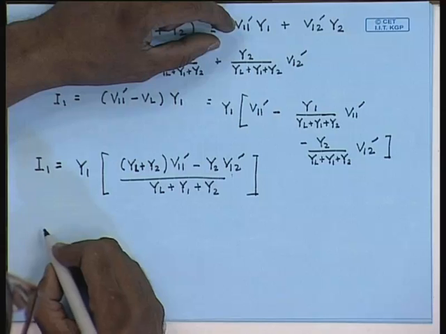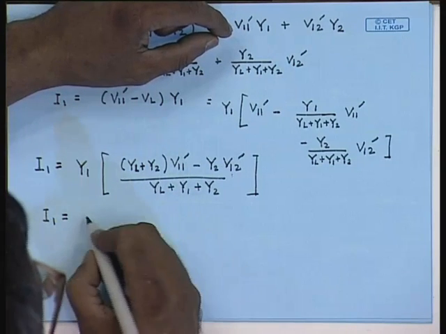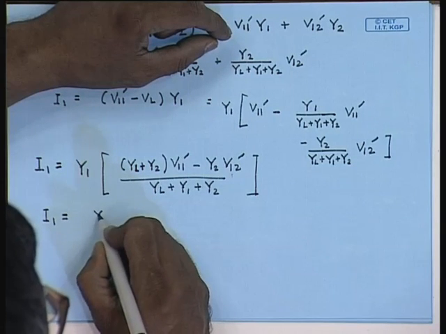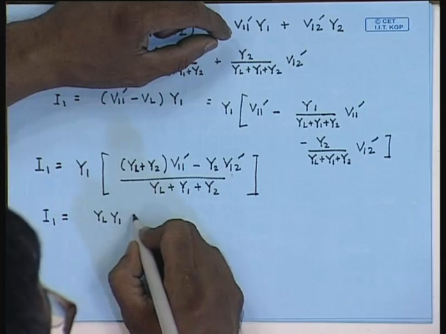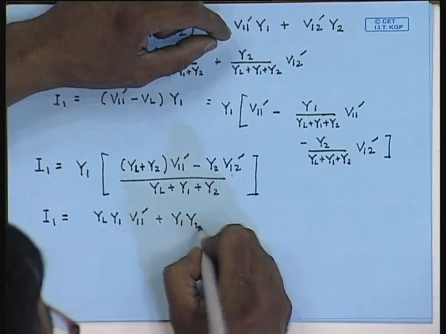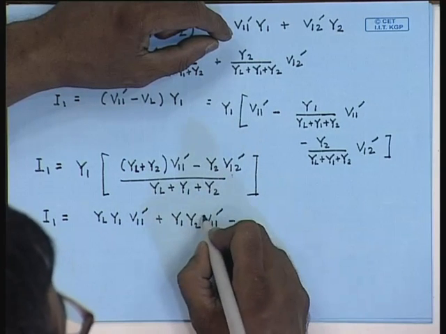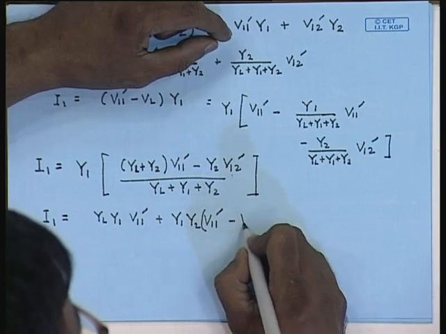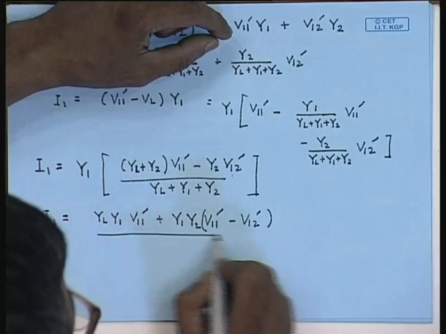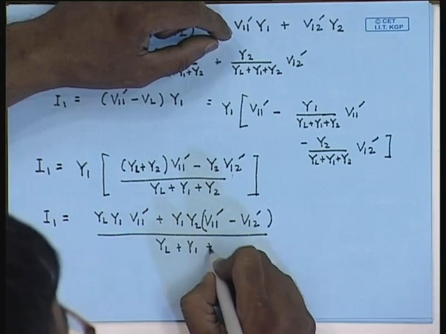Or I1 equal to YL Y1 V11 dash plus Y1 Y2 V11 dash minus Y1 divided by YL plus Y1 plus Y2.